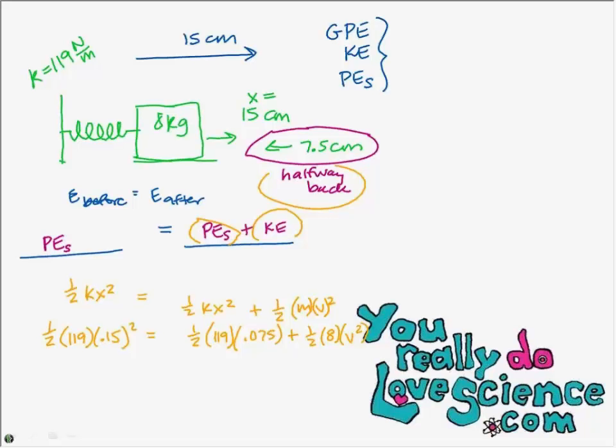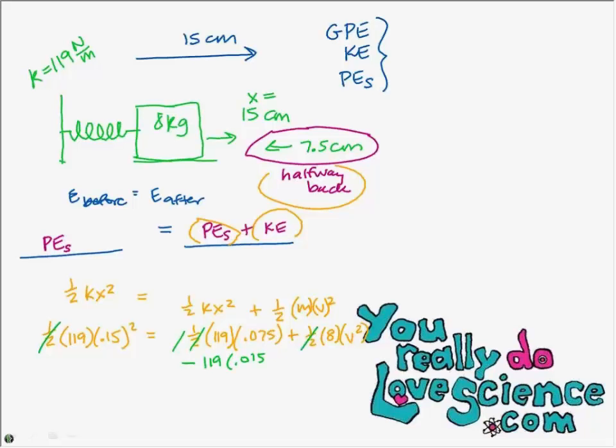So what if we get rid of all these 1/2s because they're all over the place? All right. We could solve that. No problem. So we'll do 119 times 0.15 squared. All right. And then we'll do minus, right? We're going to subtract this.